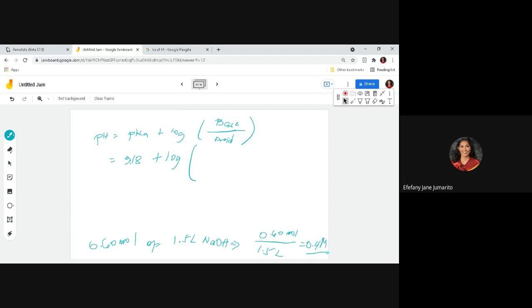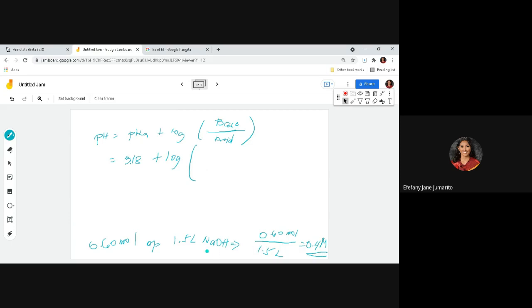Don't forget, class, you have to convert that into molar. But if you are already given 0.4 molar, big M, then no problem, that will be easy.